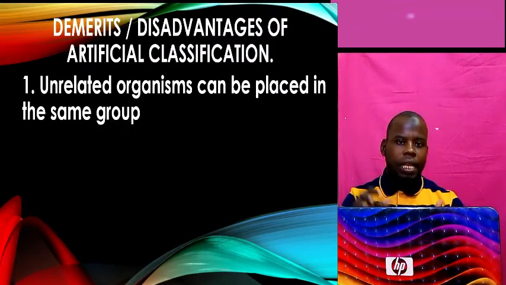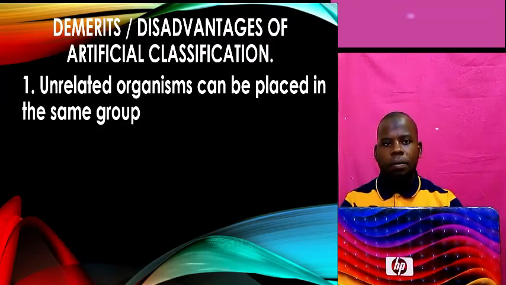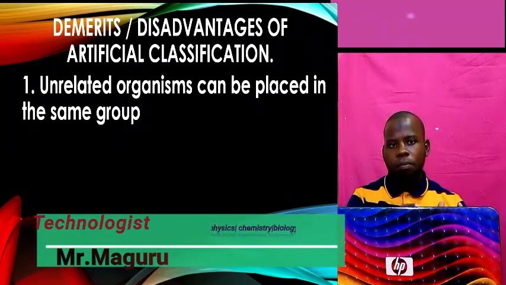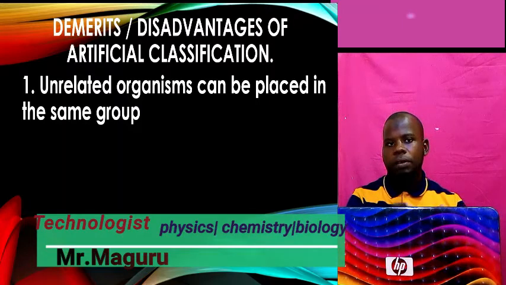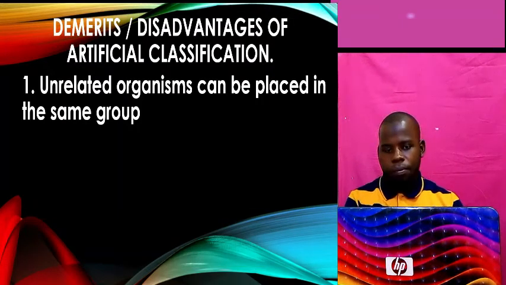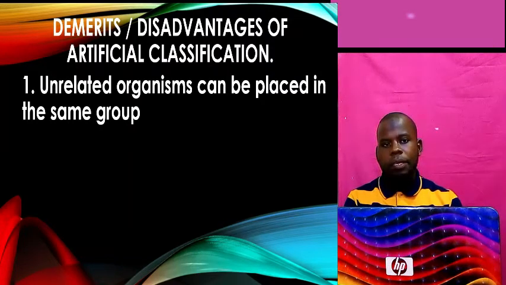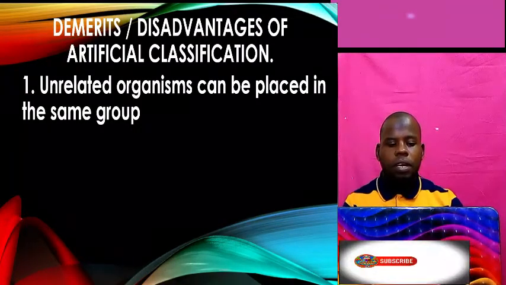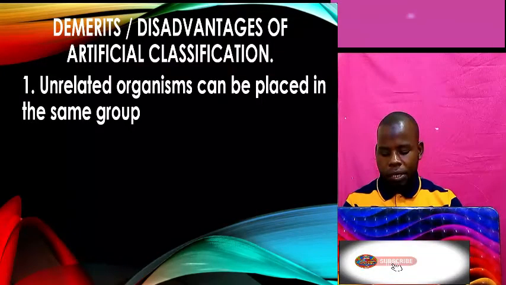When you study externally with a few observed features, you can put organisms in a group which is not correct, not true to that group. It means you can mix organisms with different features.